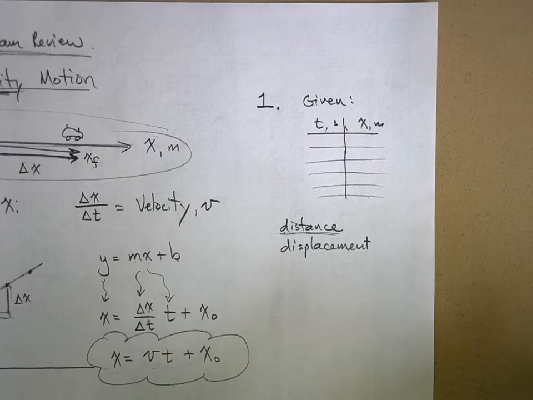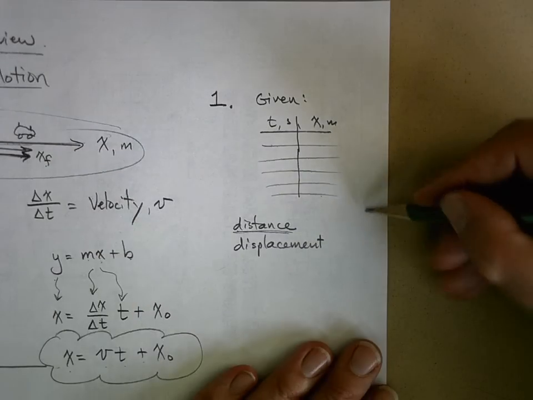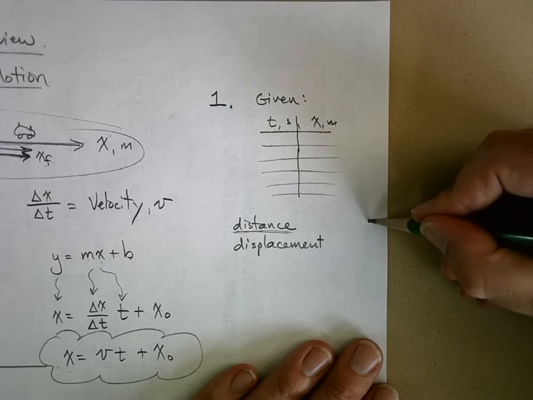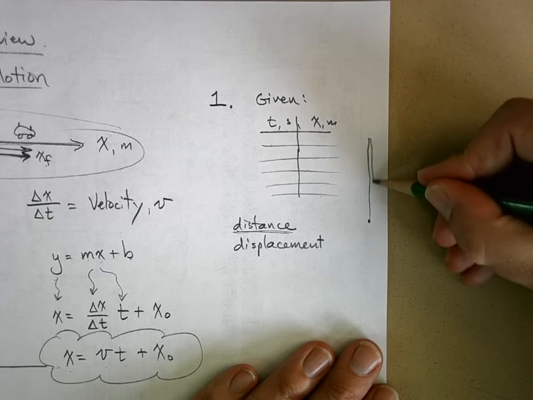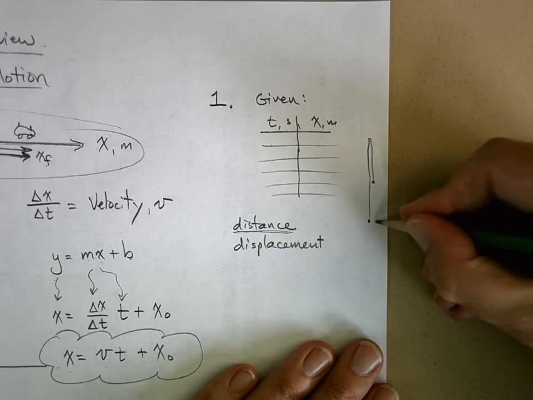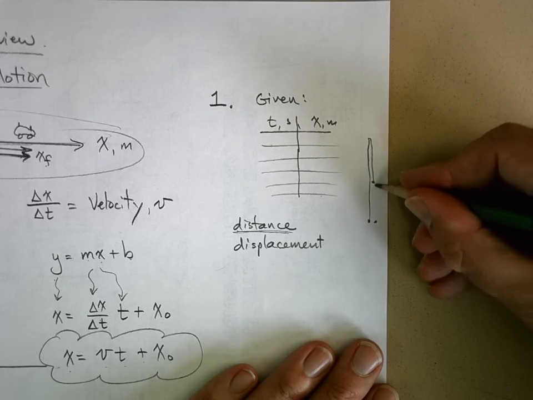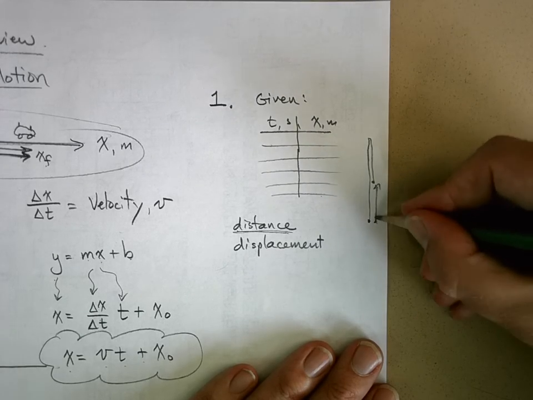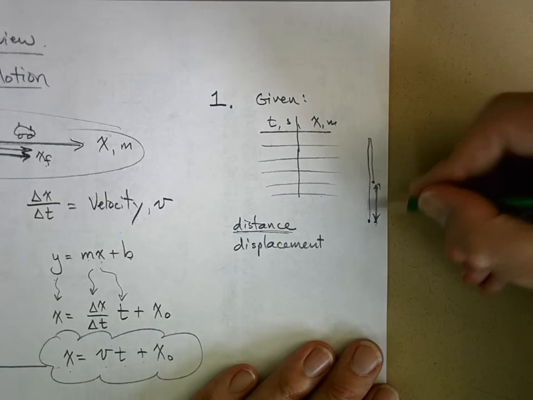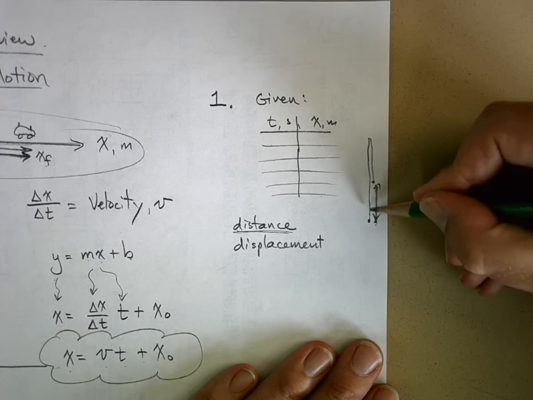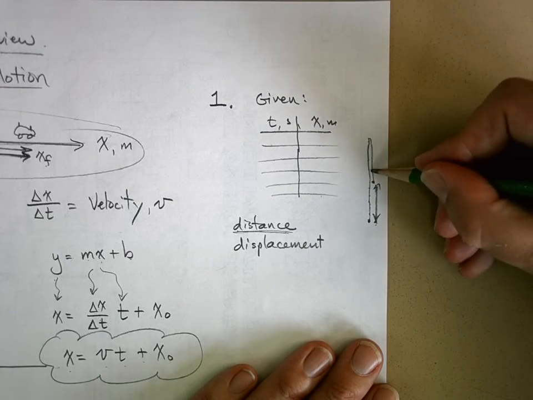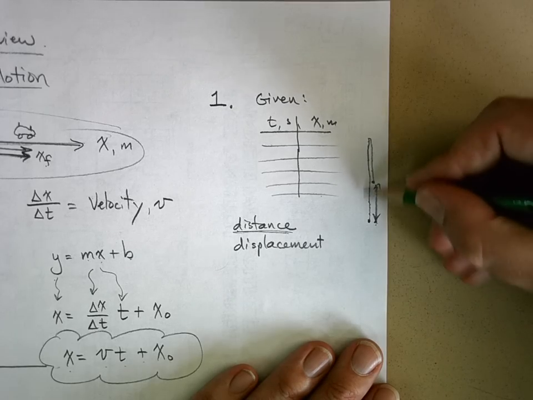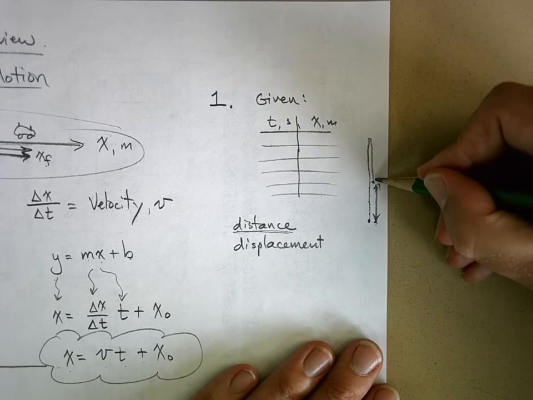So if something starts here and goes this far and then turns around and comes back, the displacement is just from here to here. That's the displacement. But the distance, I go, 1, 2, 3, 4, 5, 6, 7, 8, 9, 10, 11, 12, 13, 14, 15. So this would be like 15 meters would be the distance.